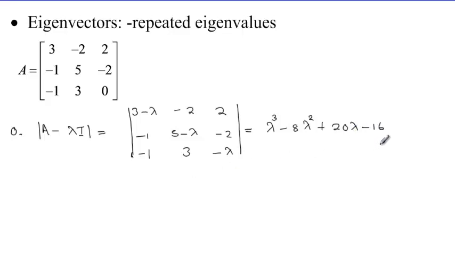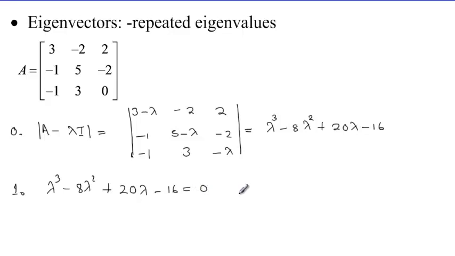That will be a characteristic polynomial, and for this you really need to have well-developed skills in factorizing polynomials of degree higher than 2. Then setting up an equation, which is our second step. We have lambda cubed minus 8 lambda squared plus 20 lambda minus 16 equals 0.